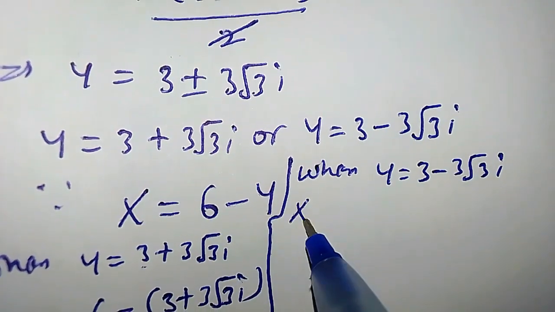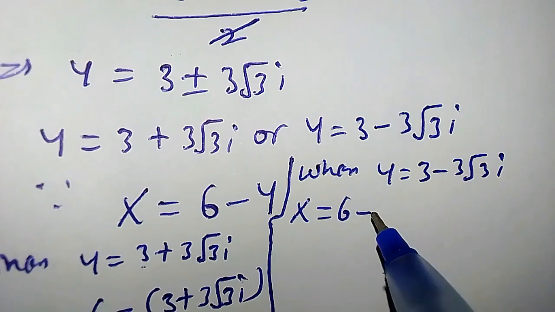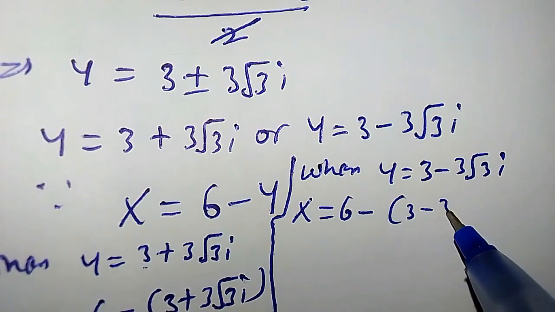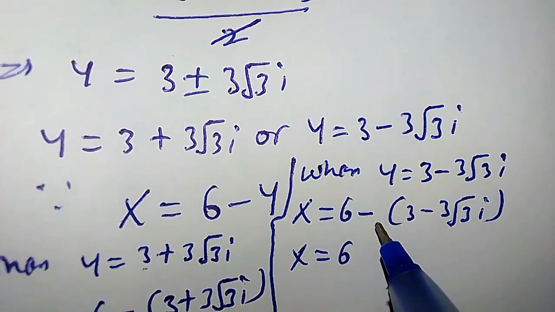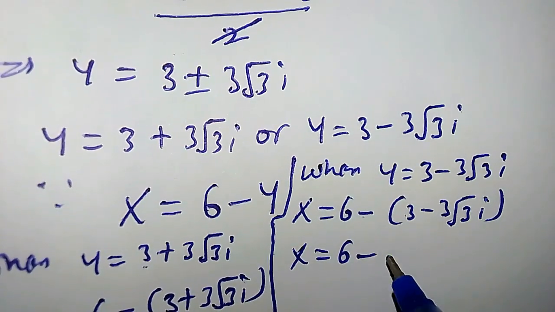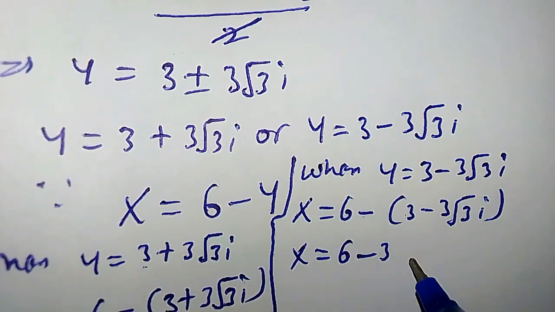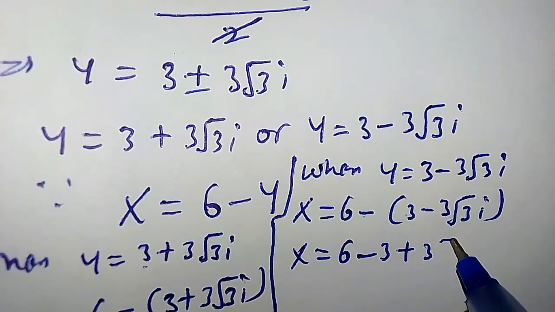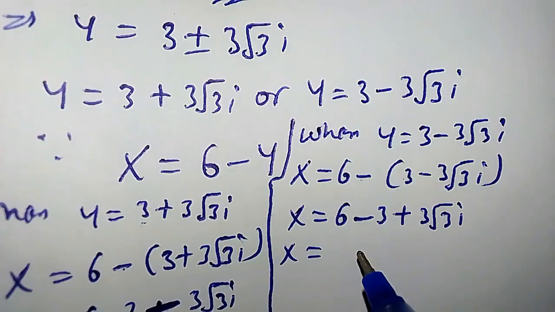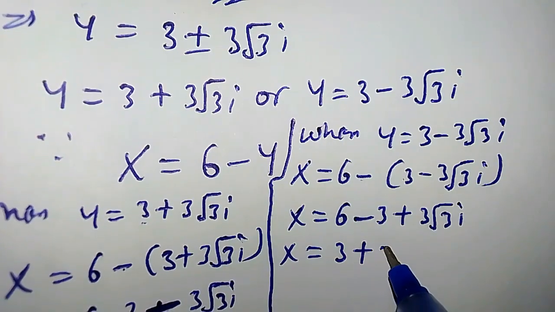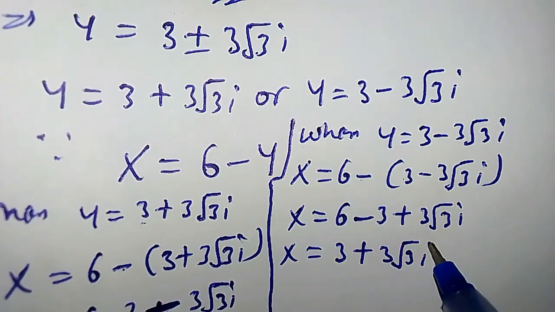So that will be x equal to 6 minus 3 minus 3 root 3i. x is now equal to 6 minus times 3, that is minus 3, minus times minus, that is plus 3 root 3i. x is equal to 6 minus 3, that is 3, plus 3 root 3i.